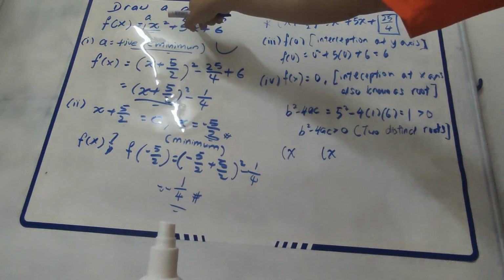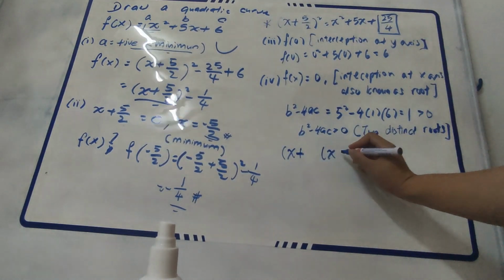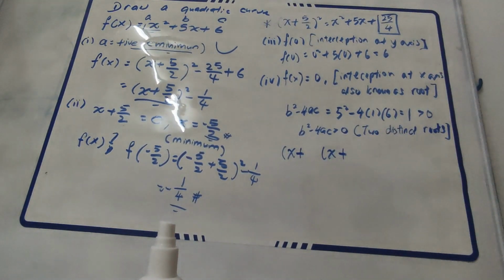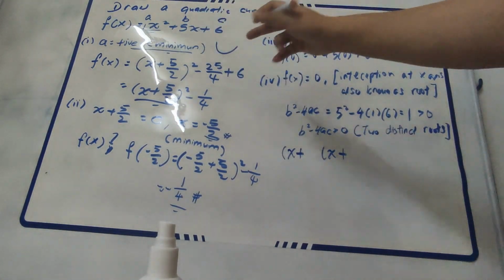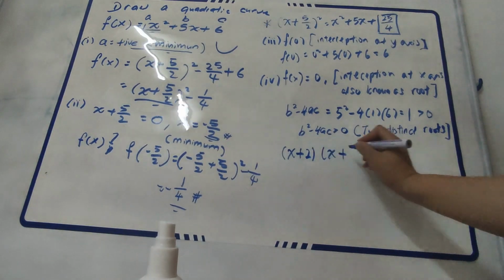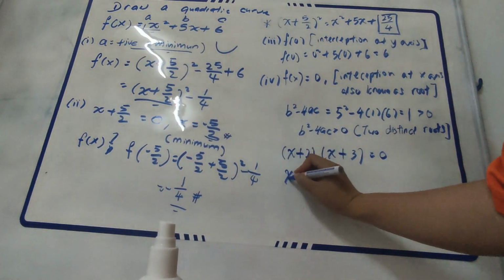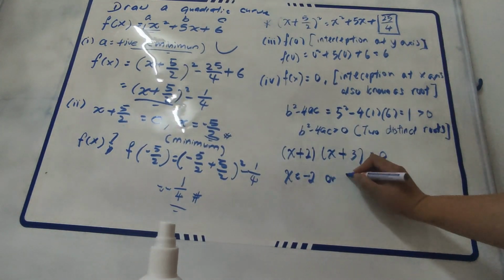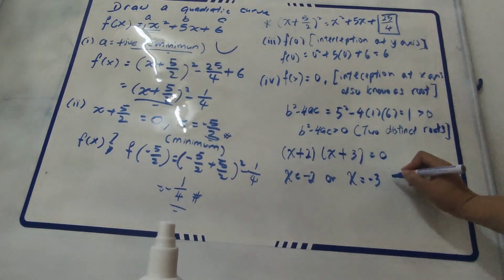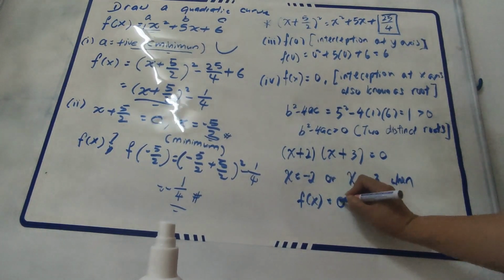Here you have a positive, so it is impossible to use a minus sign. 6 times 1 will give 7x, so not correct. So of course it's 2 and 3. Two distinct roots. So your x is equal to minus 2 or x is equal to minus 3 when f(x) equals 0.